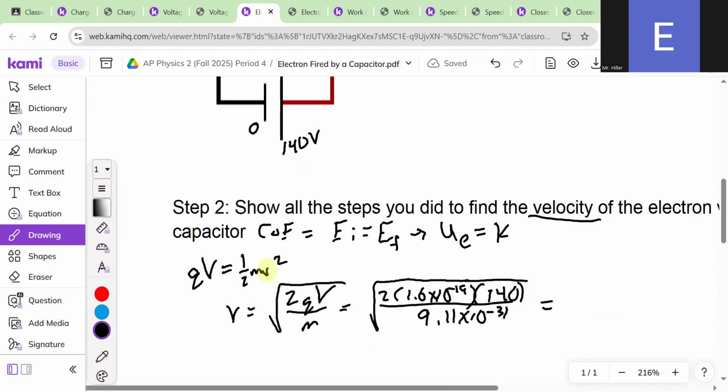Go and put that in your calculator. Figure out your speed. All right, so I'm getting 7.01 times 10 to the 6 meters per second. So that's the speed I'm getting.